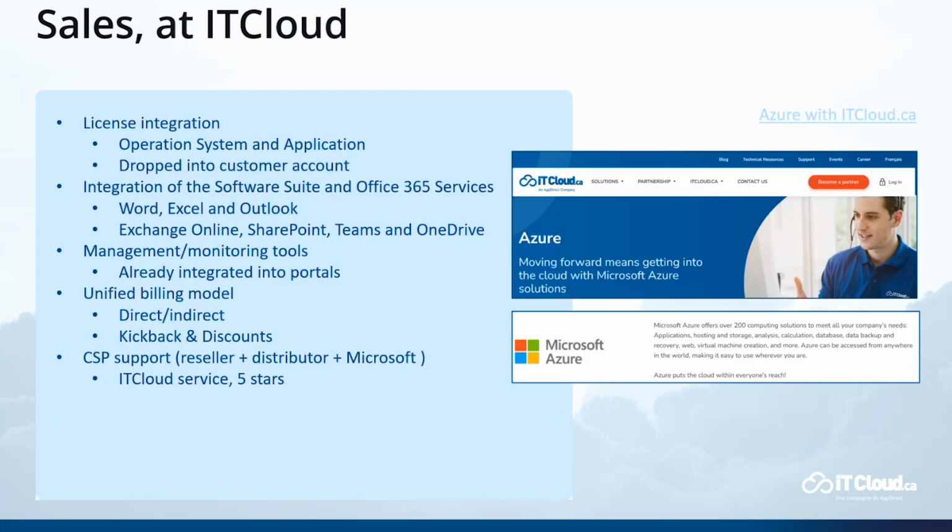Let's continue. The sale, but from IT Cloud now. We will look here at the reasons, the advantages that the customer has passed through you, the reseller, from us, the distributor. When a customer goes with Azure from IT Cloud, he will get this. The license integration, for sure: operating system and application are dropped directly into the customer portal.